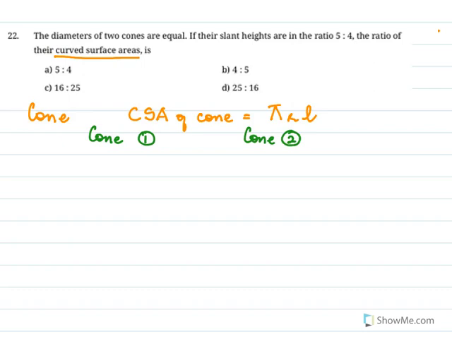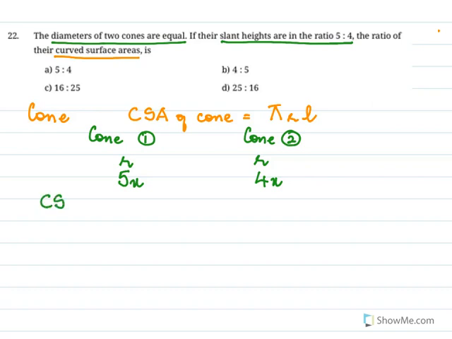They said the diameters of the cones are equal, that means their radii are also equal. But the slant heights are in a ratio 5:4, that means one slant height will be 5x and the other will be 4x.